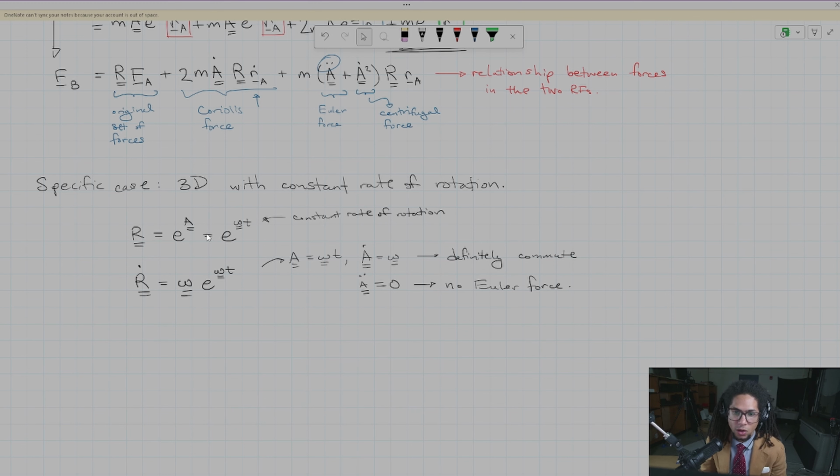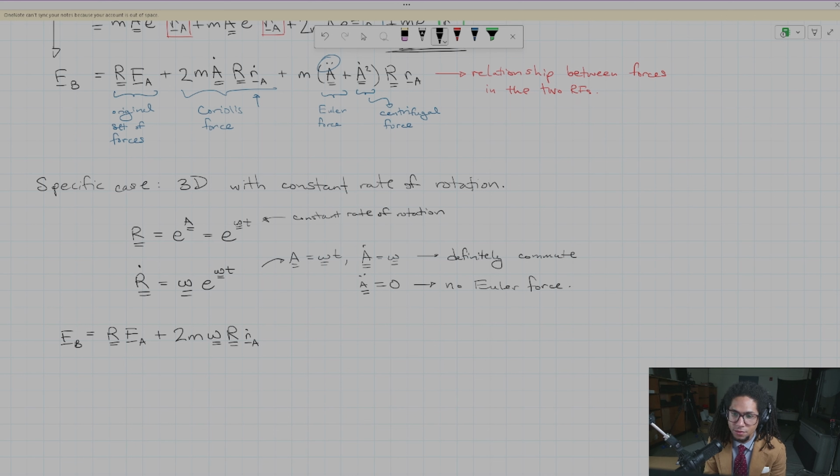Okay, so let's start plugging some stuff in. So I'll keep this all on the same screen. So we have FB is equal to R FA. Oops, that's not just a vector, not a matrix. Plus 2m. Remember, a dot is omega times R of a dot.